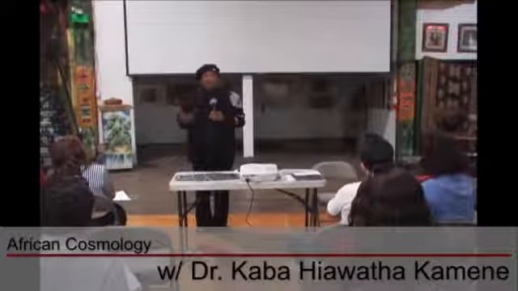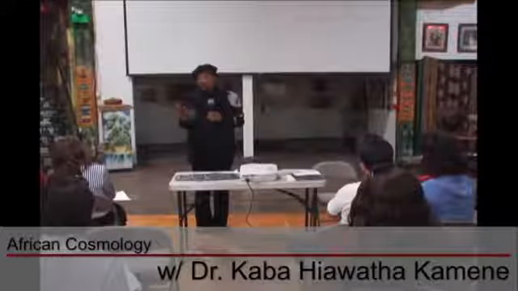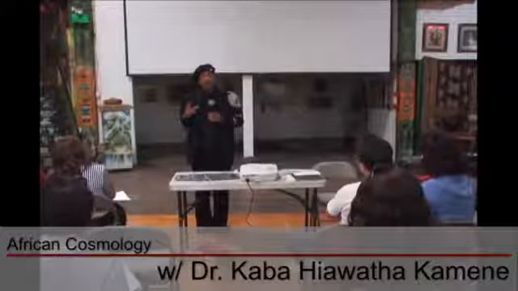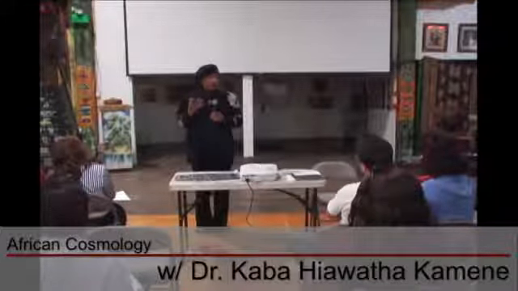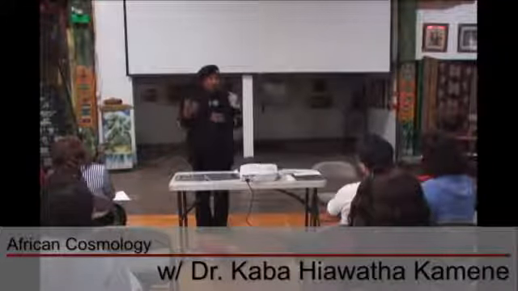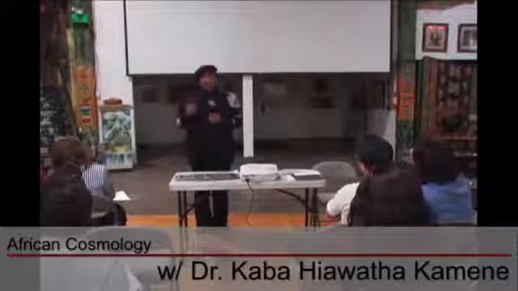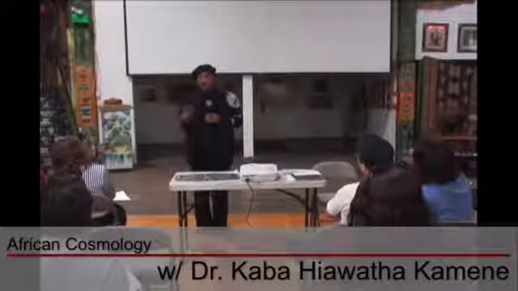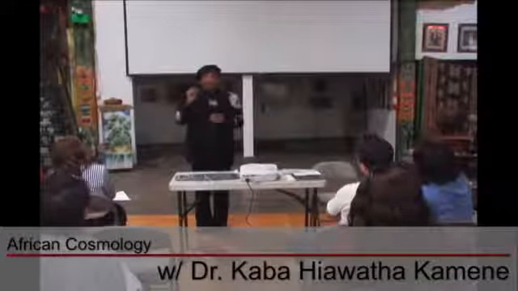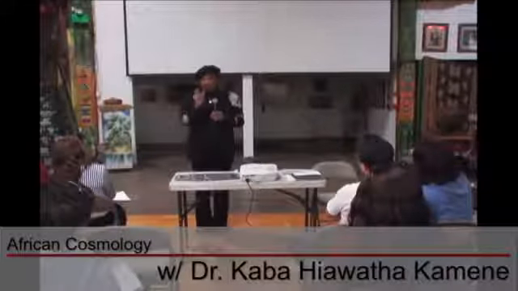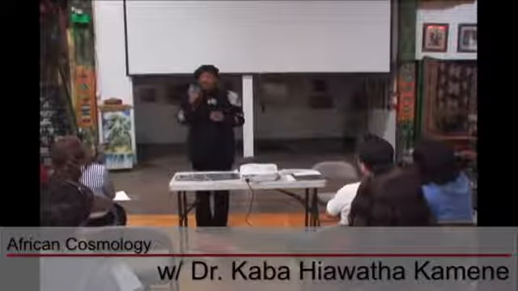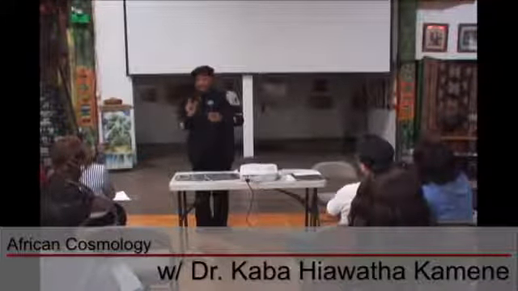I first studied the Memphite text, or the Hiawatha stone, in 1975, but my goal in life was to finally get to the British Museum to be there face to face with this document, because it's the primary source. It's not just the primary source, it's a secondary source. And the important thing about that is that a primary source is the Memphite text. In that sense, the Hiawatha stone is not a primary text.